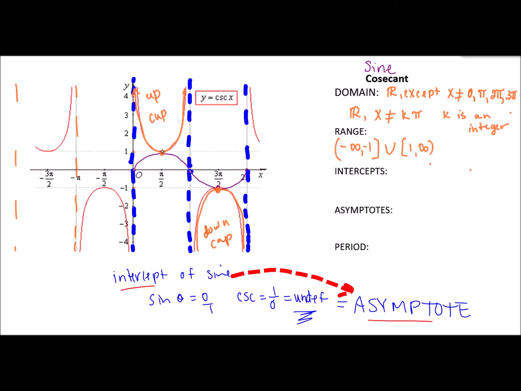Okay, intercepts are anywhere it crosses the x-axis. So my cups right here are my actual graph. Asymptotes are just like dividers. It will actually never have an x-intercept. I can't say never. If you start shifting that graph up and down, then it might have an intercept. Okay, asymptotes are at wherever x equals k pi, where k is an integer.